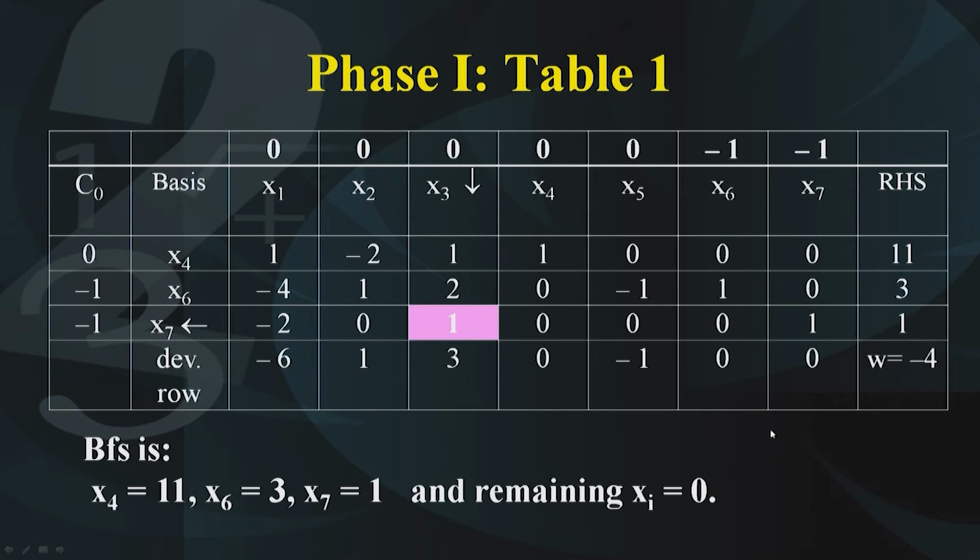Similarly, for x6, because it is a basic variable, the entry in the deviation rows is also 0, and similarly for x7 the entry is 0. This is not a chance, this will always happen: whenever you compute the deviation rows, the entries will be 0 corresponding to the basic variables in that particular table. Therefore, all these entries corresponding to x4, x6 and x7 are 0.